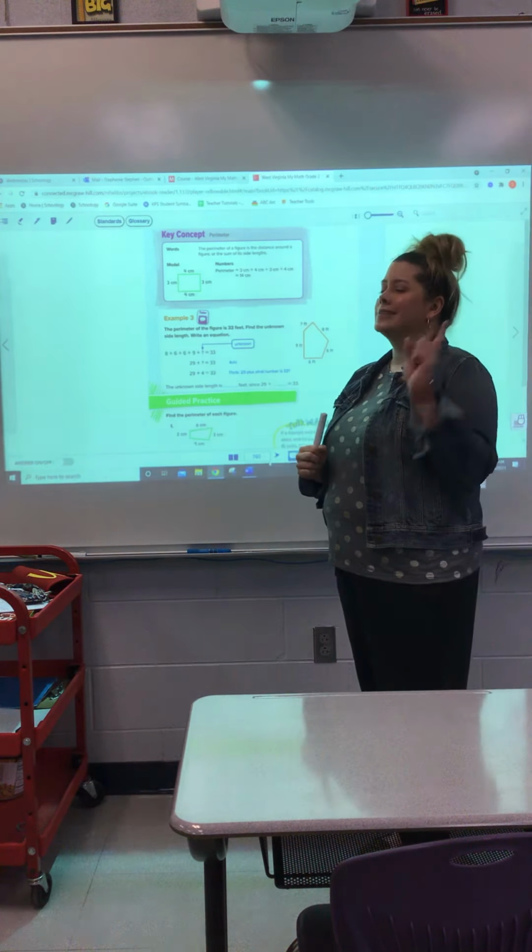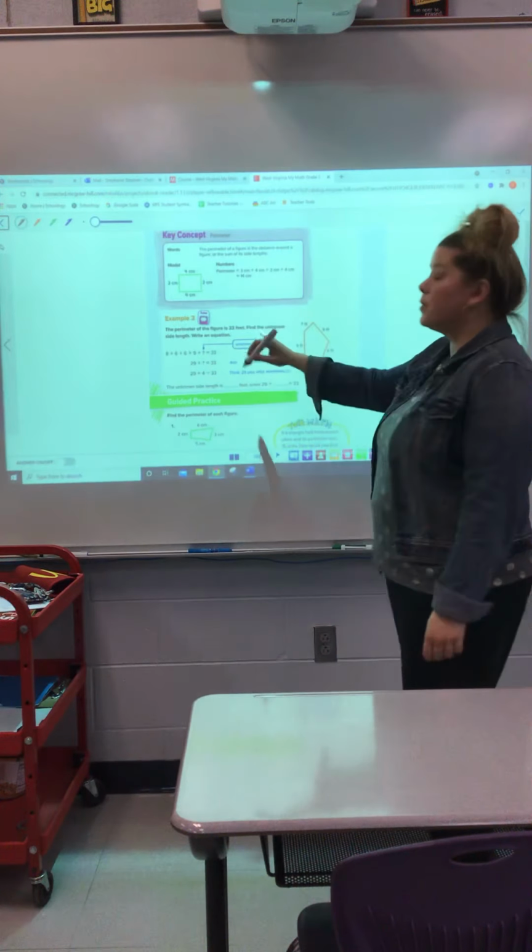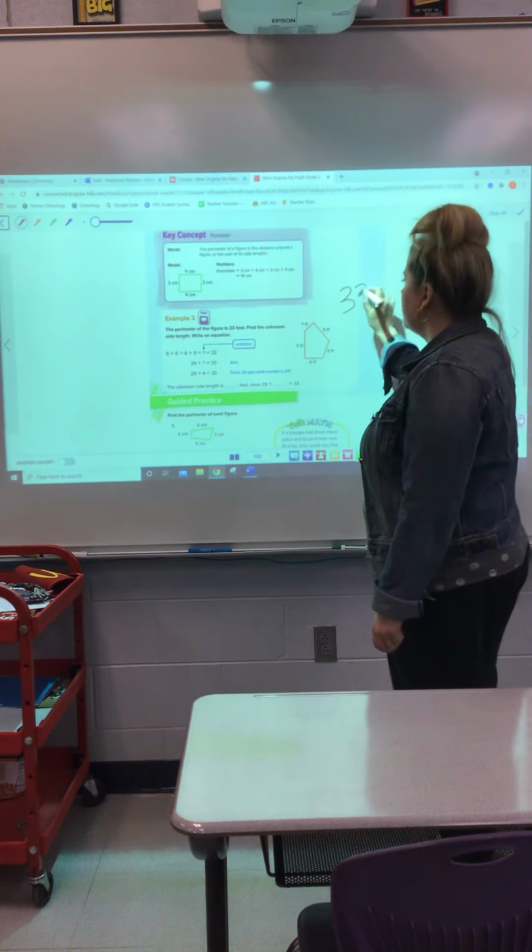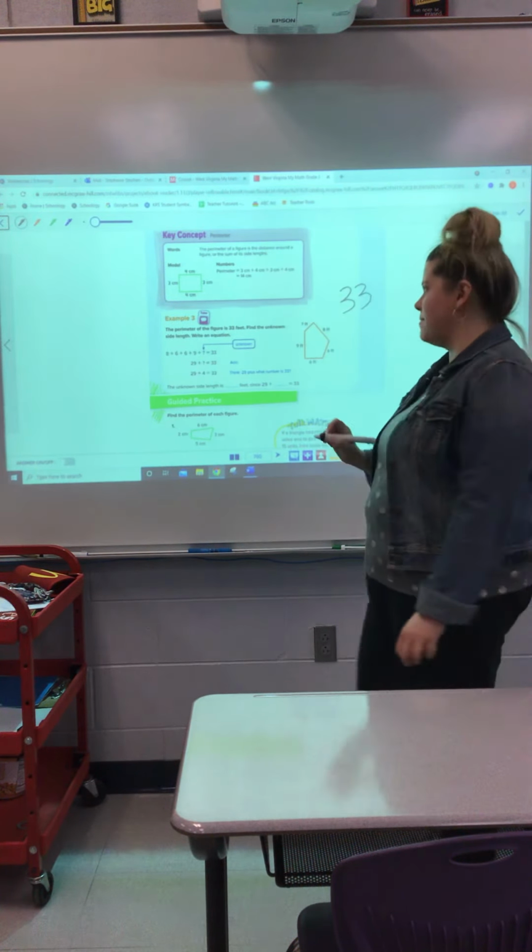So, I know that the perimeter is 33. So I'm going to put it right there just so I don't forget. But when we need to find the unknown, we have to first figure out how long is the rest of the shape. So I have a 9, a 6, an 8, and then here's what I'm trying to figure out.